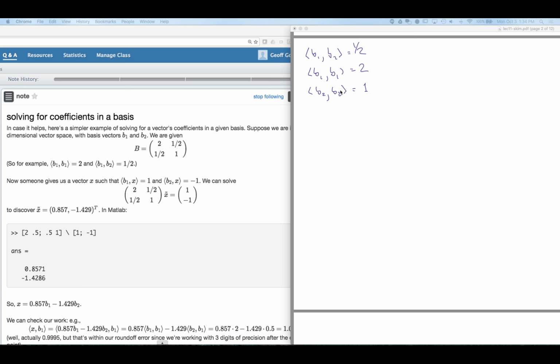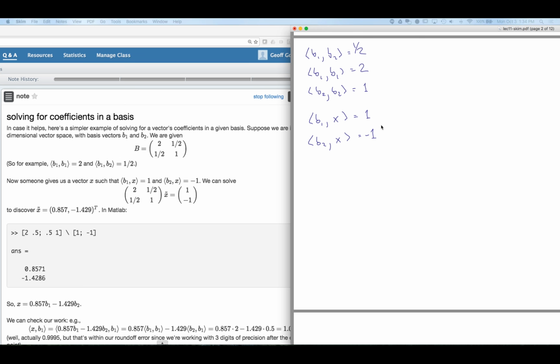But here, there's only 2 of them, and we're just going to list out their inner products. And now, suppose that we have a vector x, and we know that b1 inner product with x is equal to 1, and b2 inner product with x is equal to -1, right?